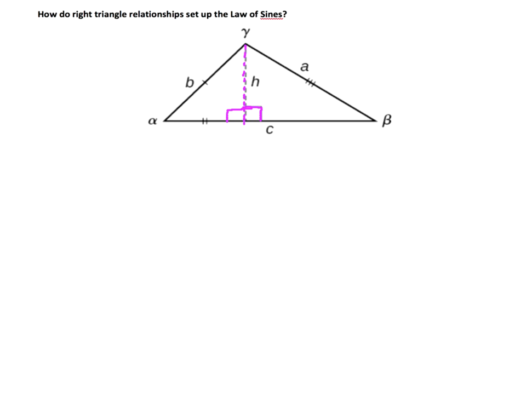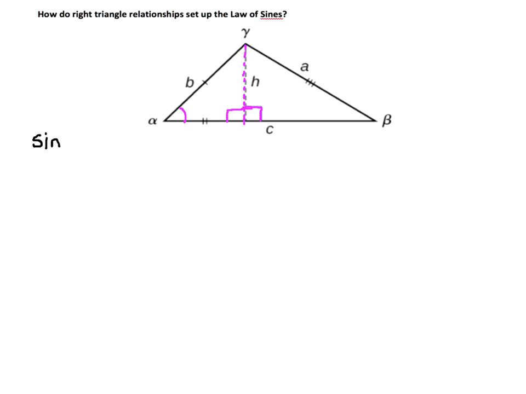So, all right. What we start out with is pointing out something that we already know, and that is the sine of an angle. We'll start with angle alpha here.